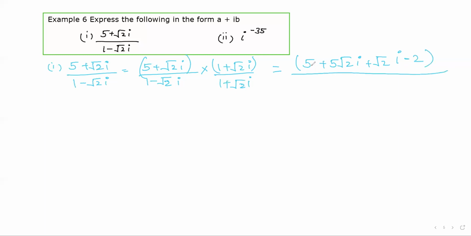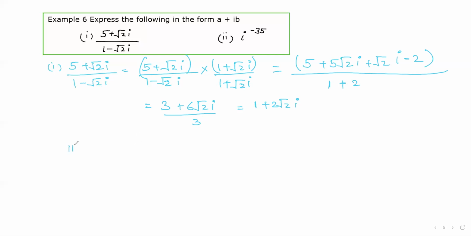Upon a square minus b square, that is 1 minus 2i square. i square is minus 1. So this will be equal to 3 plus 6 root 2i upon 3. You can take 3 common in the numerator. You will be left with 1 plus 2 root 2i, and this 3 in the numerator will get cancelled with the denominator.